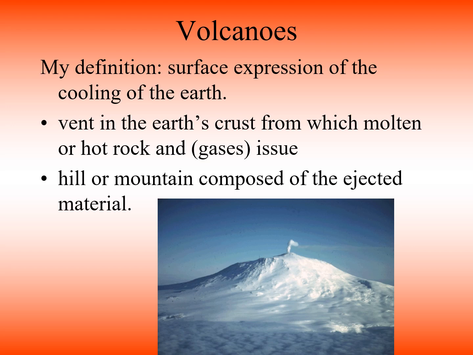And generally, volcanoes are a vent in the Earth's crust from which molten or hot rock and gases issue forth. On the surface, they look like a hill or a mountain composed of ejected material. So cooled ejected material that erupts onto the surface generally forms hills or mountains around the vent. And so that's a volcano.